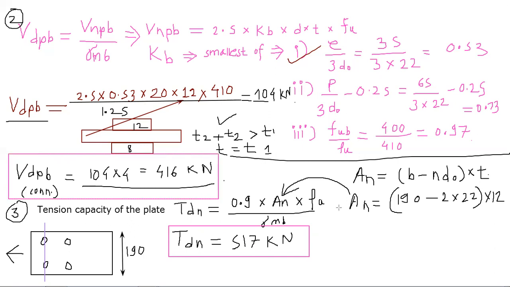Okay, that we have already found. So the design strength, that is VDC, the design capacity, will be equal to our first value, which is 362 kilonewton.